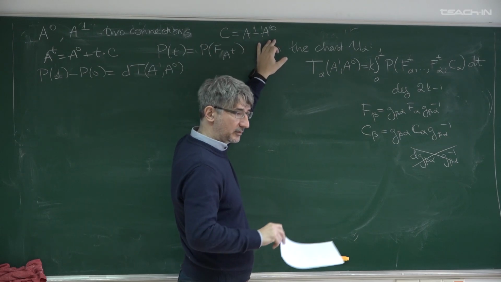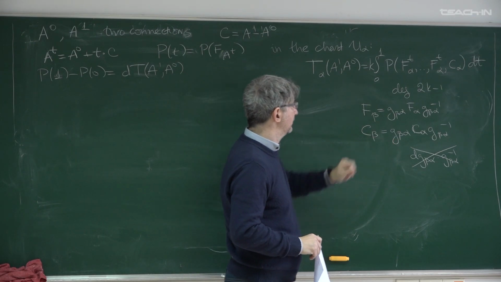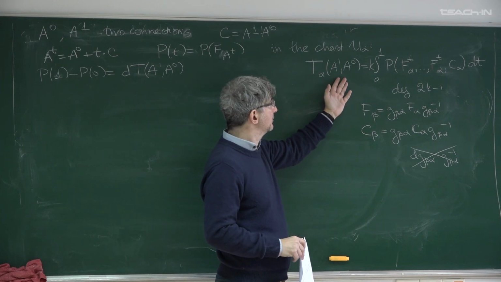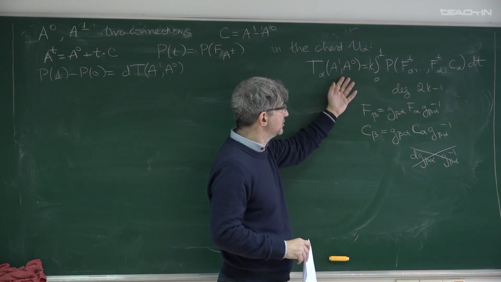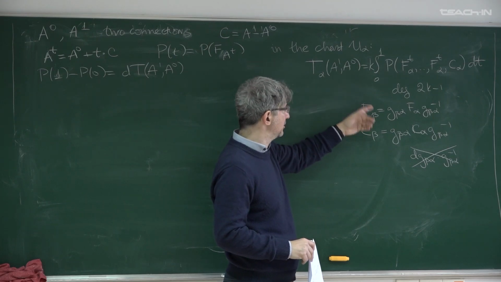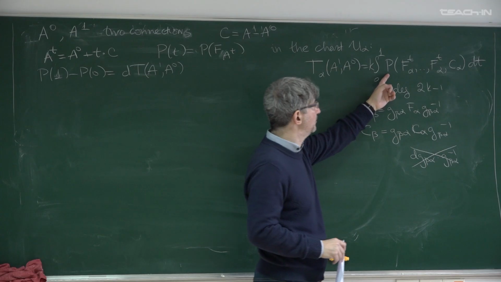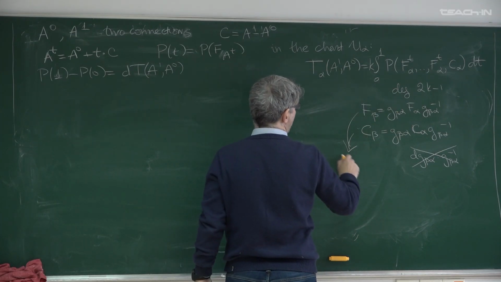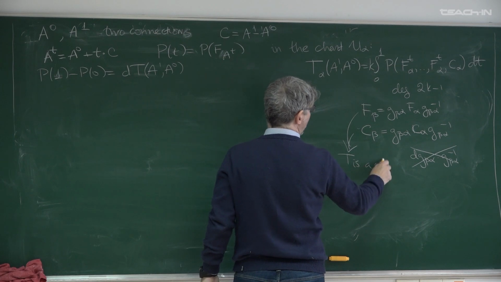They cancel. So it means that it's a global form because it doesn't change under the adjoint representation, because P is invariant. So this is a global form.